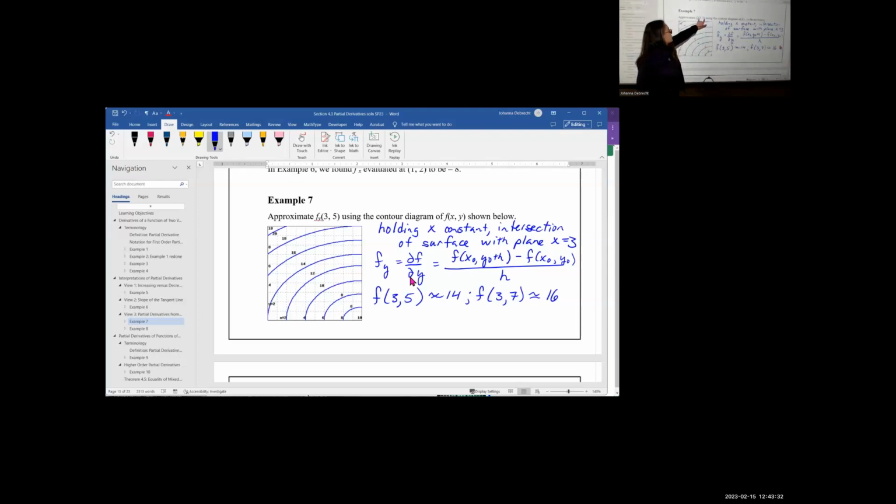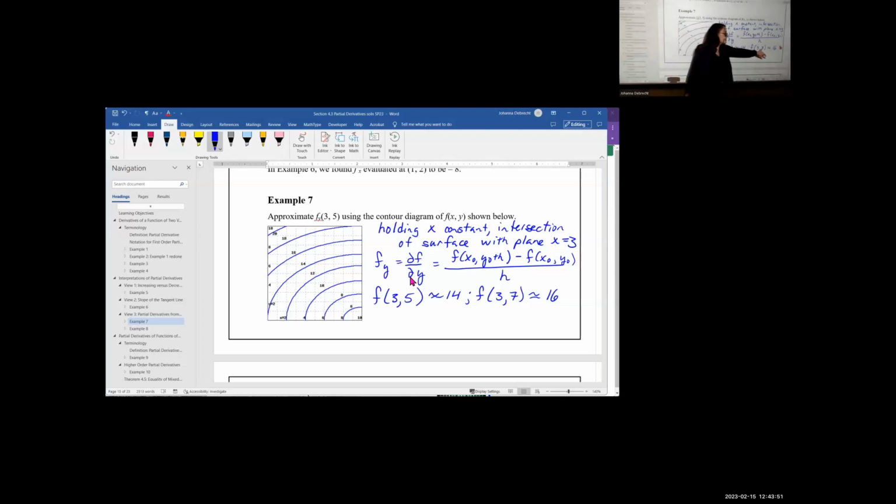Again, I'm trying to evaluate at 3, 5, so I have to choose 3, 5 for one of them. But the other one is arbitrary. I could have gone up or down, it doesn't matter. How much did I change my y value by?